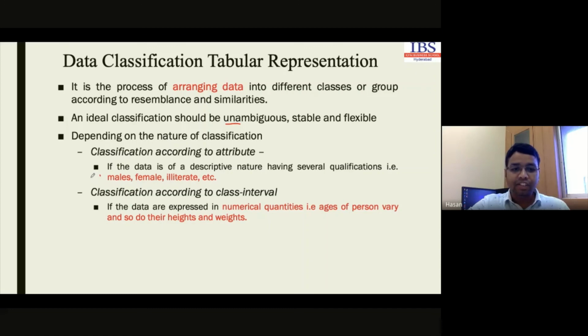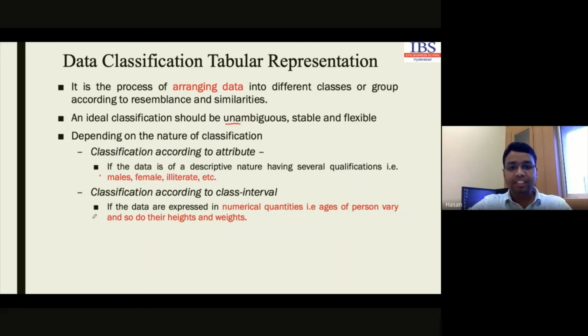Basically, when we have numerical quantities, we use class interval, like height and weight.